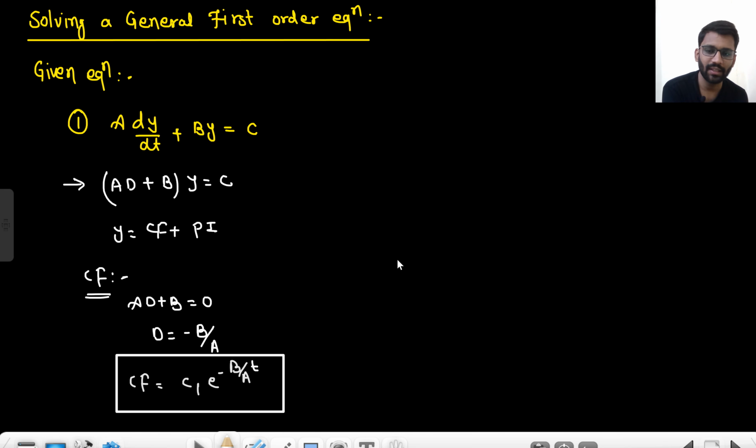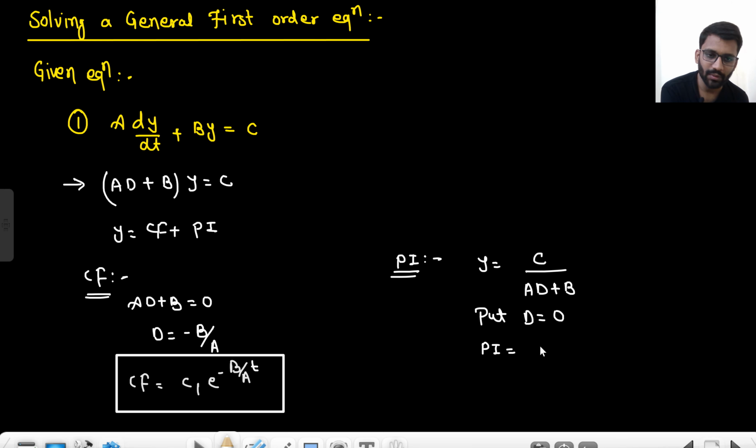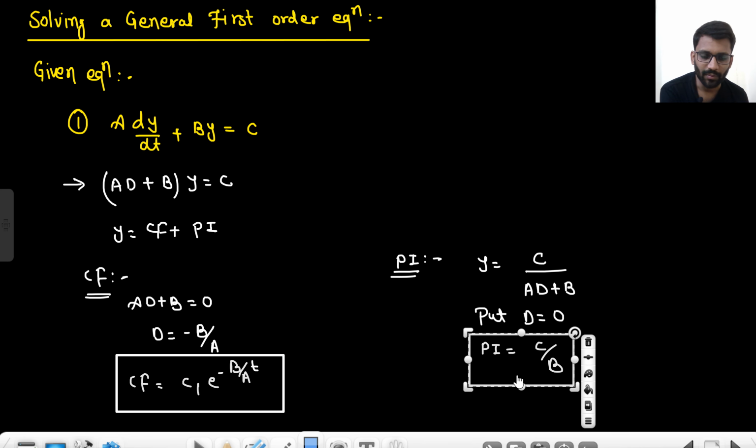Now how to find PI? For PI, what will you do? PI y is equal to c upon a D plus b. Put D equal to 0. So your PI would be equal to c by b.